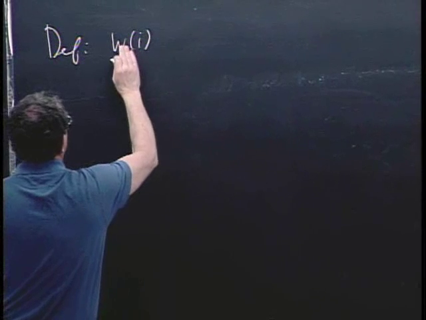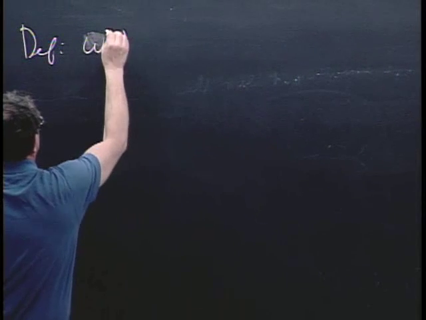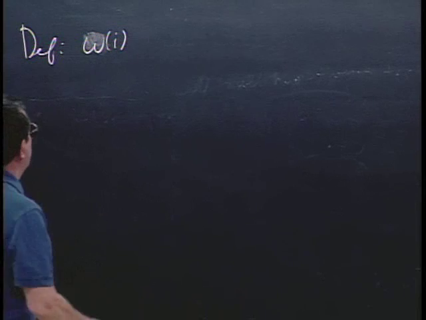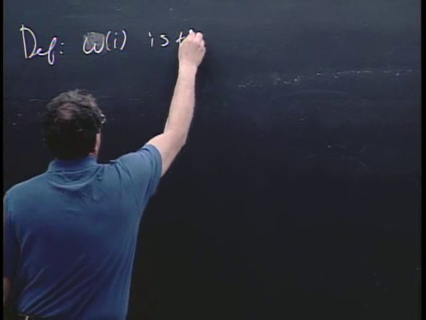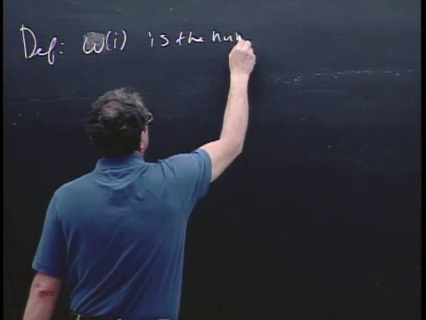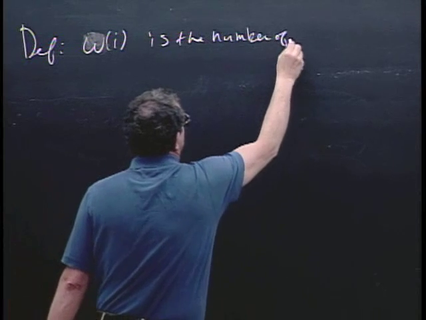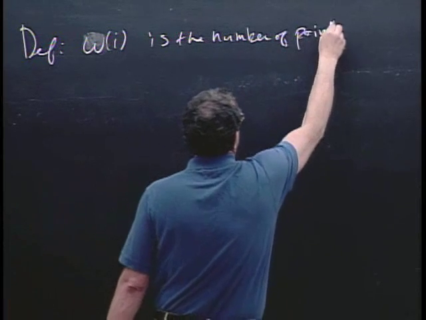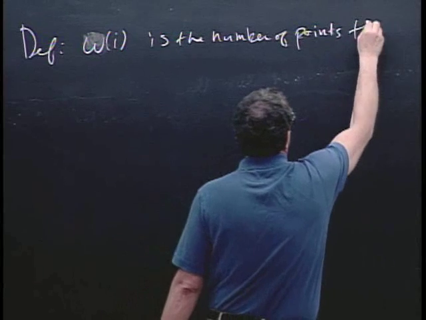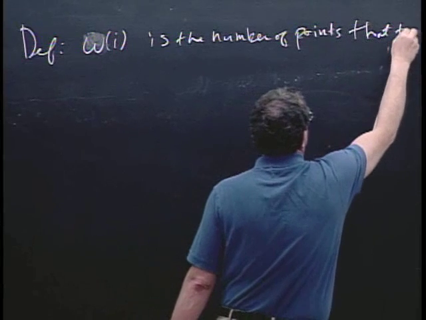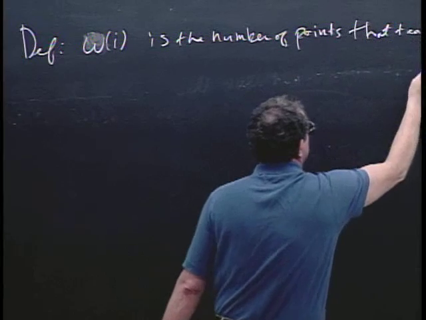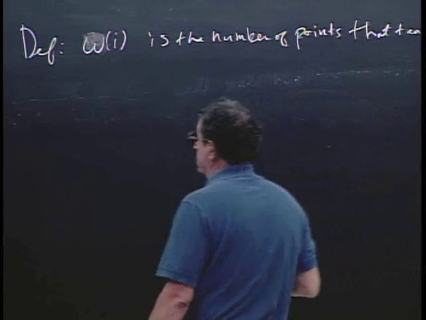Little w_i is the number of points that team i already has.